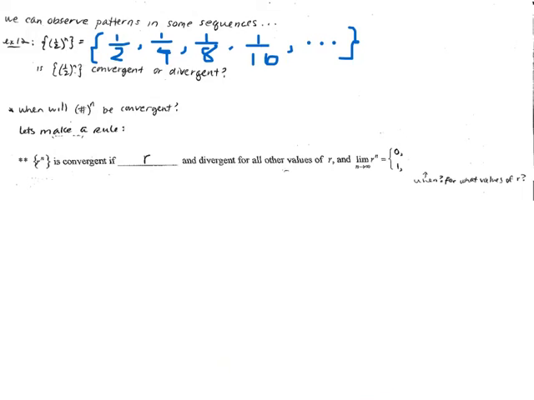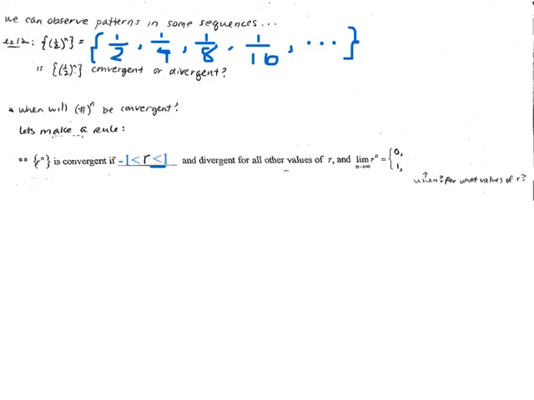So our r to the n's are going to be convergent if r is less than or equal to 1, and bigger than -1. If you think about plugging in those numbers, if you put -1 in for r, you're going to flop back and forth between +1, -1, +1, -1. That will diverge, they won't all approach the same number. But if r is between those two values, if I've got fractions, then they will be approaching 0.